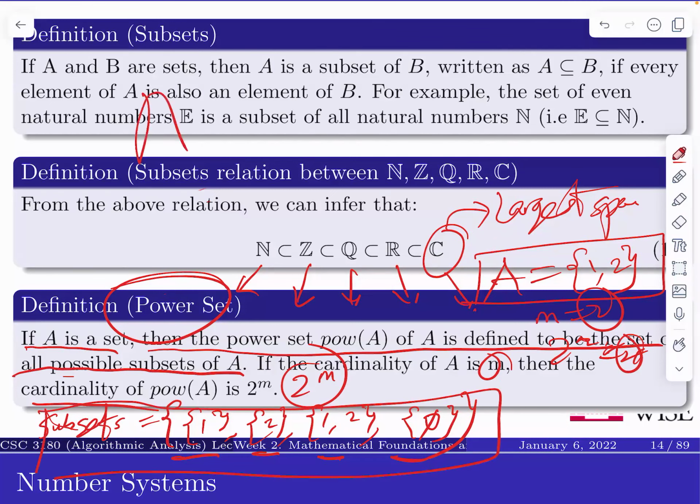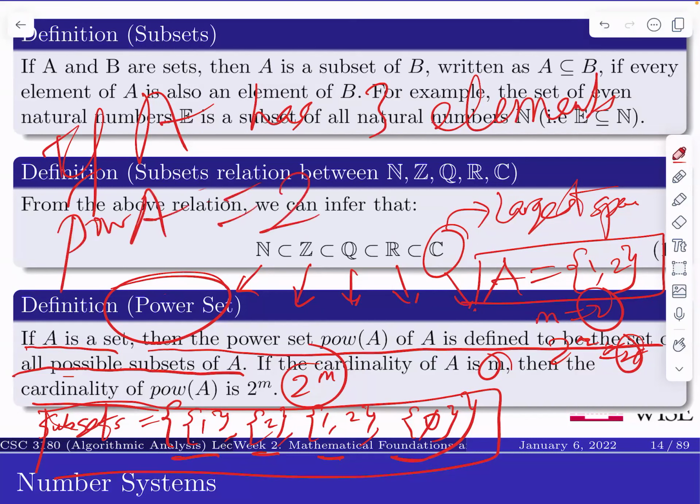If A has 3 elements, then the cardinality of the power set of A will be 2 raised to power 3, which is what?